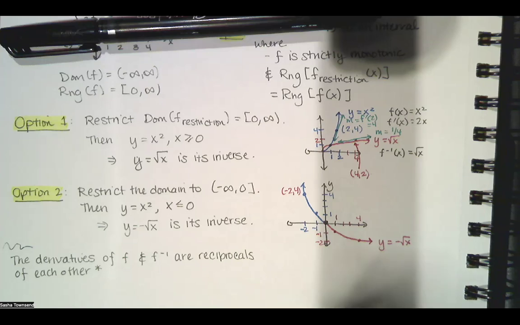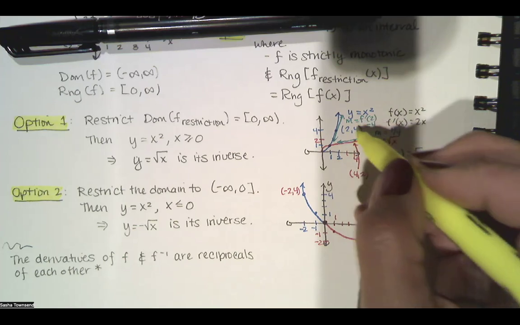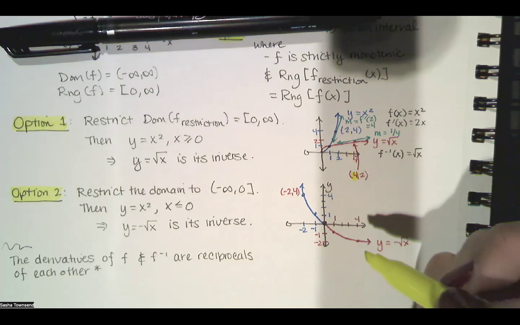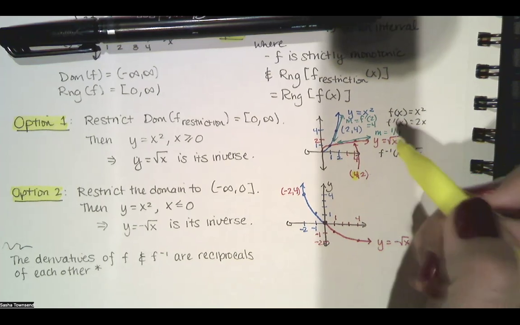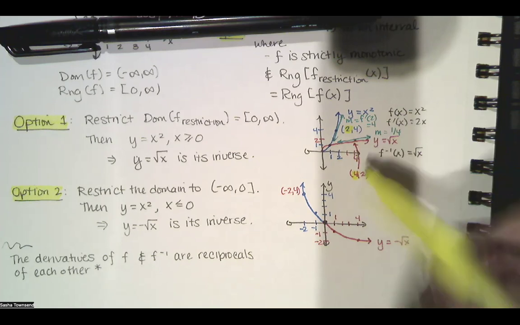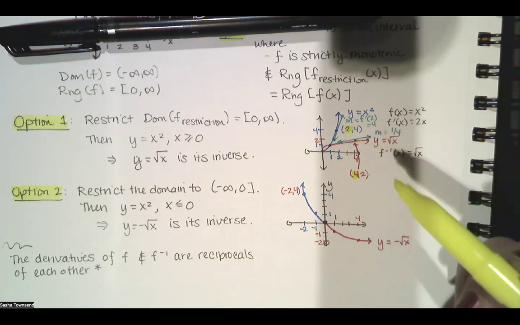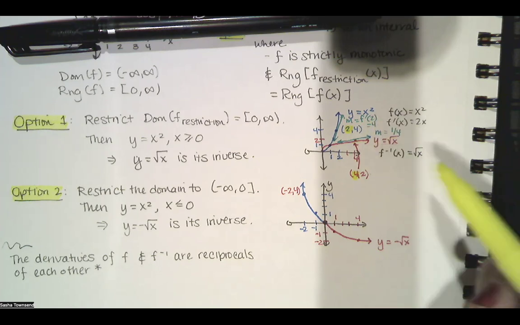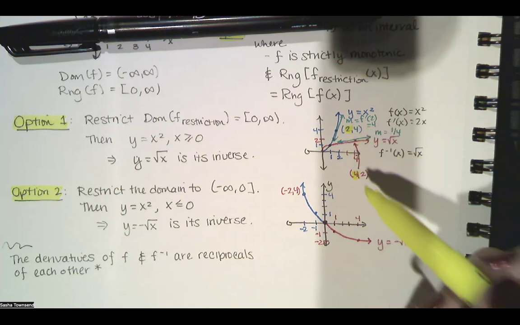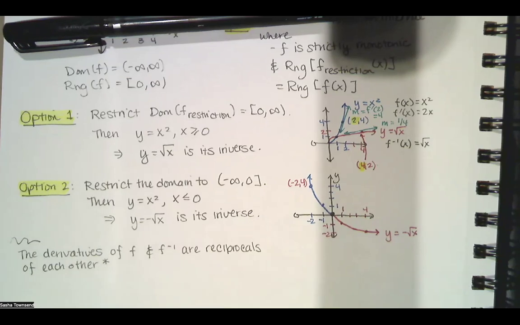When we switch the roles of x and y, we get that reciprocal slope, but it doesn't happen at x equals 2. It happens at x equals 4 on that inverse graph. So the slope at 2 of the original function is related to the slope of f inverse at x equals 4, because you've switched the roles of x and y. So that's why we have that asterisk here.